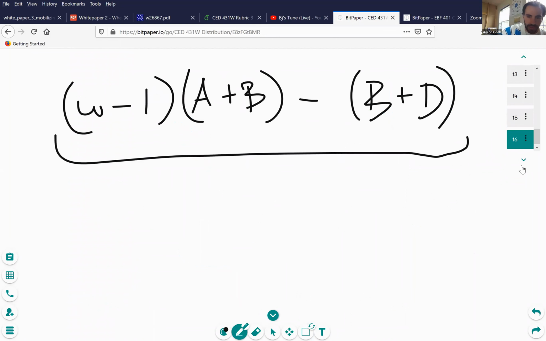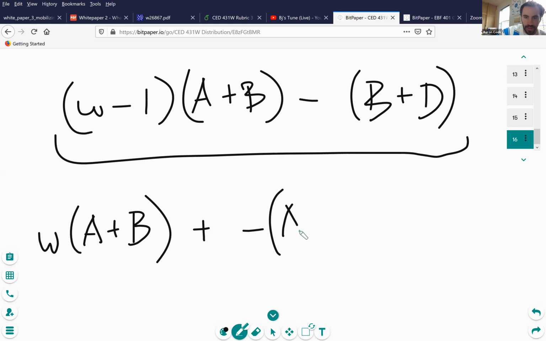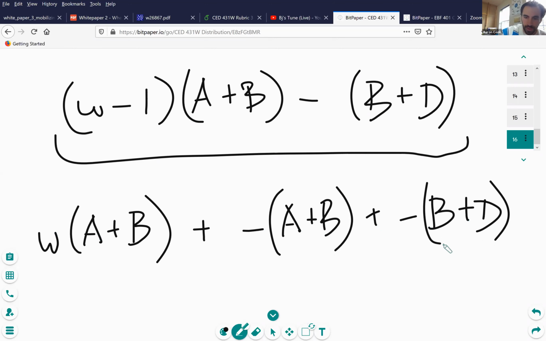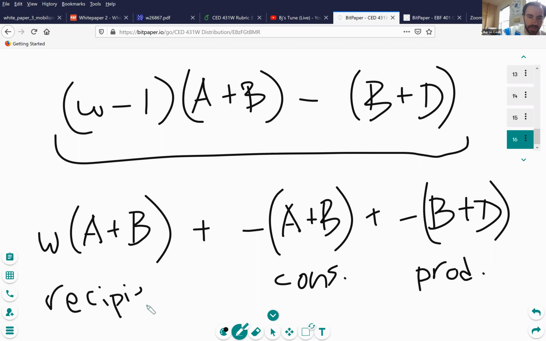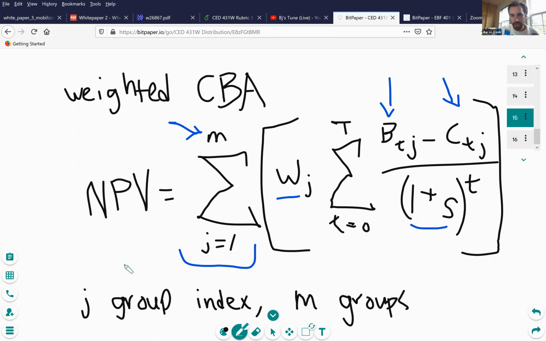And I've actually combined these together. In reality, this would be W times (A plus B), which is the net benefits to transfer recipients, plus the losses of A plus B to consumers, and then plus the losses B plus D to producers. These are consumers, these are producers, and these are recipients. And that would be the way that problem maps onto this general form of the NPV calculation.